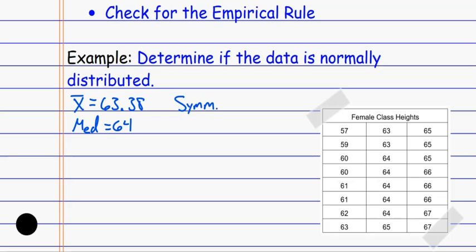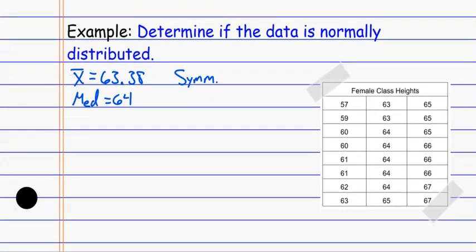So maybe we'll graph this thing and look at the shape that way, okay? So if I were to graph this thing, and I could have done this right from the start, I think a dot plot is a really good tool to use here. It's pretty small data, and there's a pretty small range. It only goes from 57 to 67. So I'll do 57, 58.